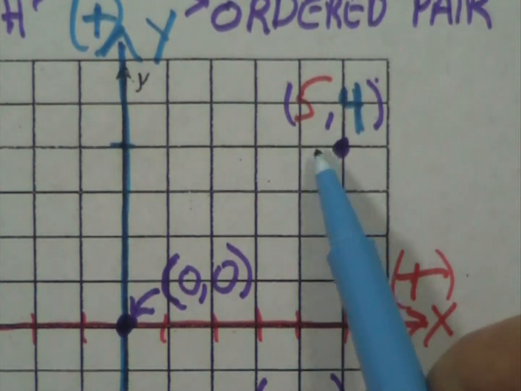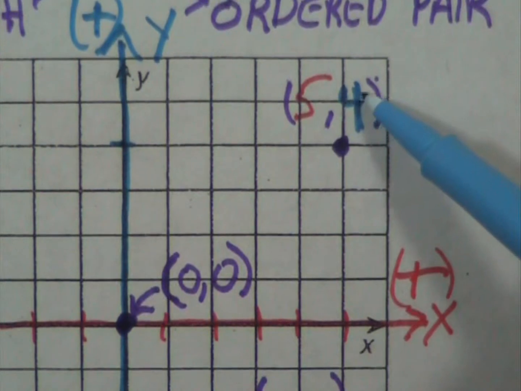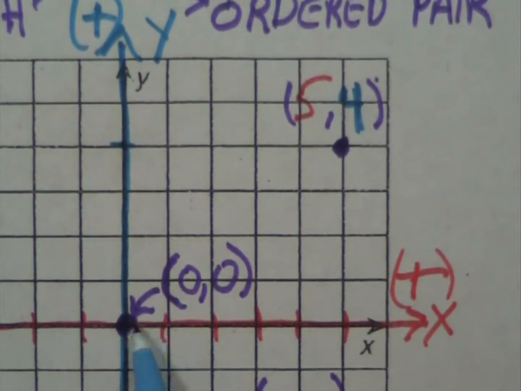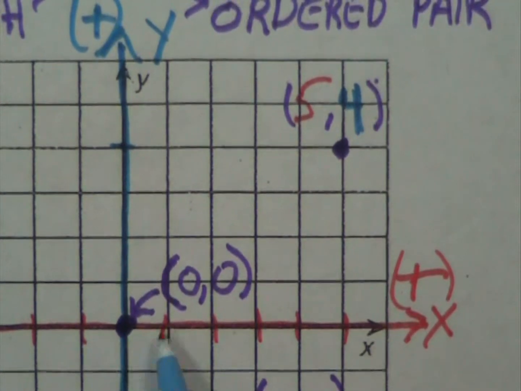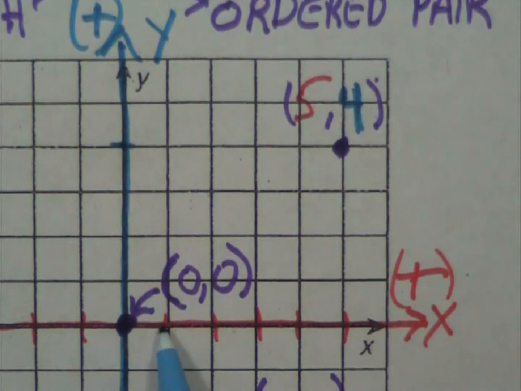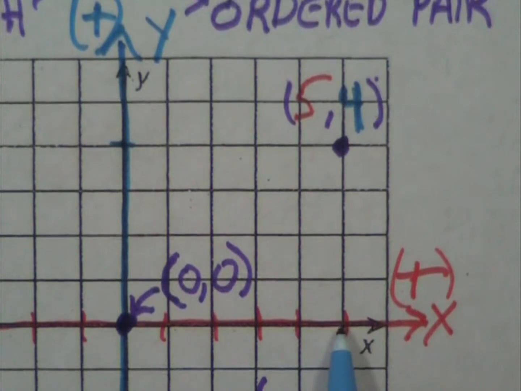So its coordinates are 5, 4. Over 5, up 4. Notice again, I counted the spaces. I did not count the dots. I'm counting the spaces. 1 space, 2 space, 3 space, 4 space, 5 spaces.